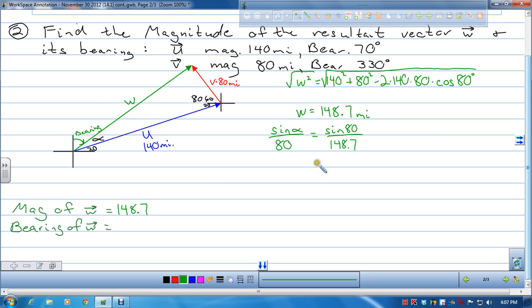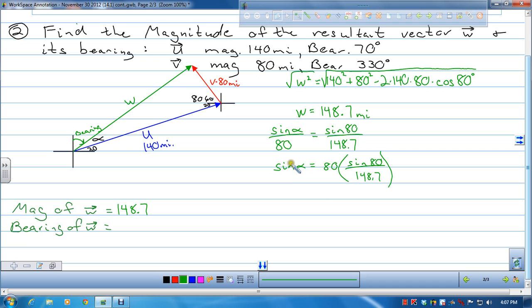Okay, so here is what I would do. I want to multiply 80 over here, right? So the sine of alpha is equal to 80 times sine of 80 degrees over 148.7. Now you want to make sure that you're back in degree mode here because we're not using radians.